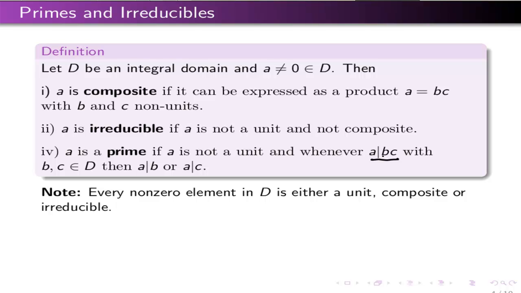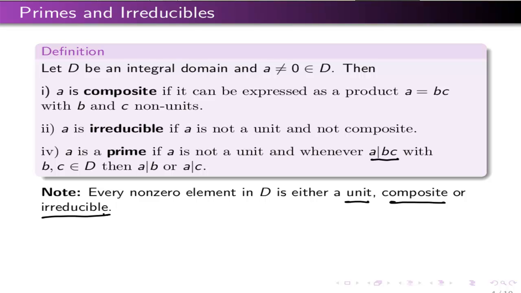So here we're actually given it as a definition in a more general algebraic sense. So note, first of all, every non-zero element in your integral domain is either a unit, a composite, or an irreducible. So we still have these three categories.